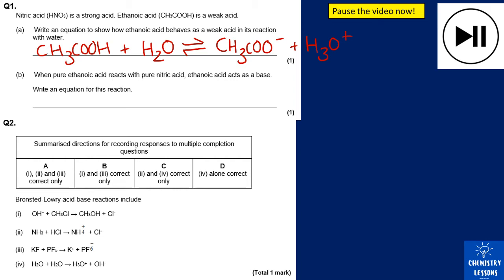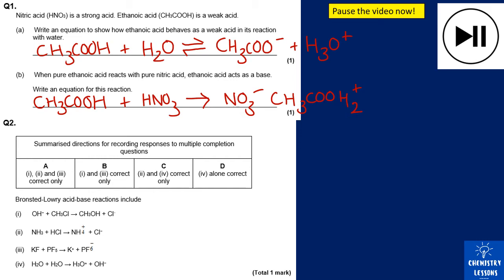Okay, when pure ethanoic acid reacts with nitric acid, ethanoic acid acts as a base. Slightly confusing, but okay, let's show that. So we're going to show the nitric acid donating a proton, and we're going to show our ethanoic acid acting as a base and accepting a proton.